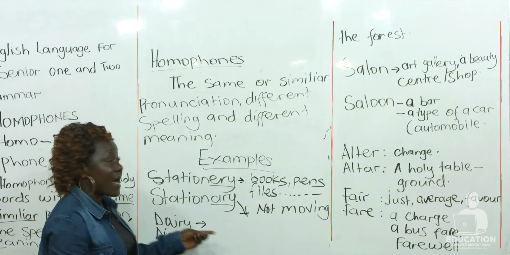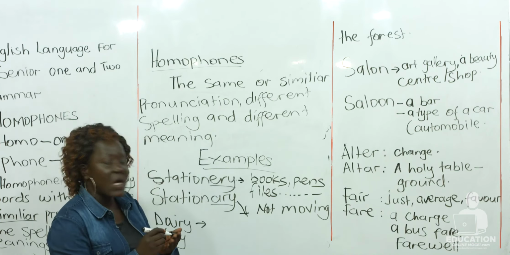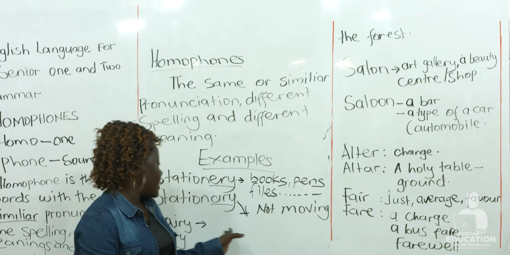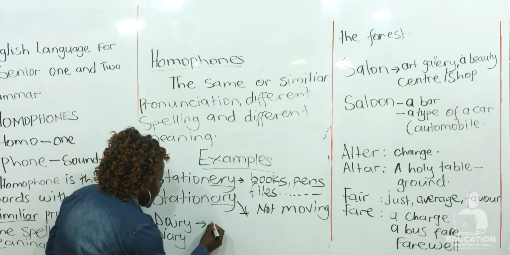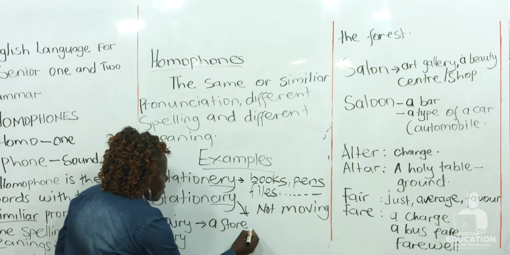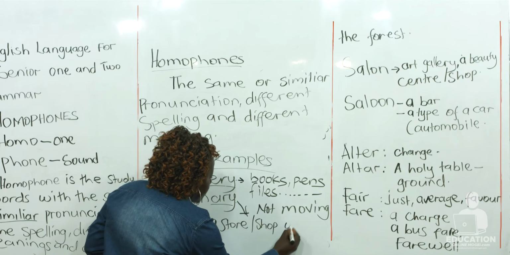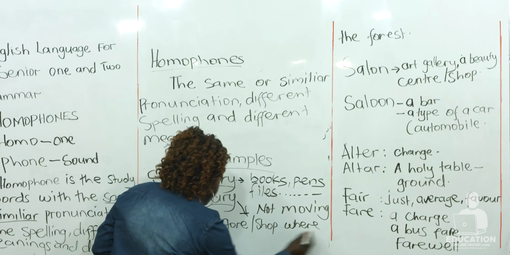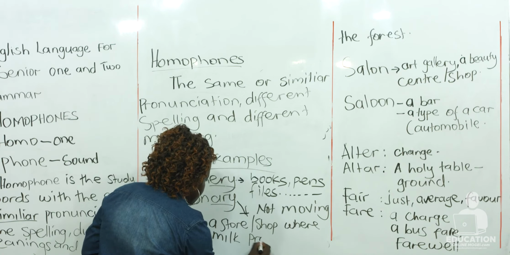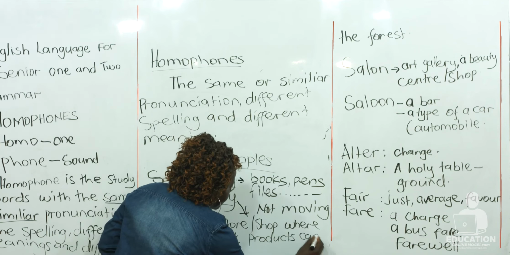For instance, you can buy cheese from there, you can buy fresh milk, you can buy sour milk, any product of milk, you can find it here. So here is a store or even a shop where milk products can be got.